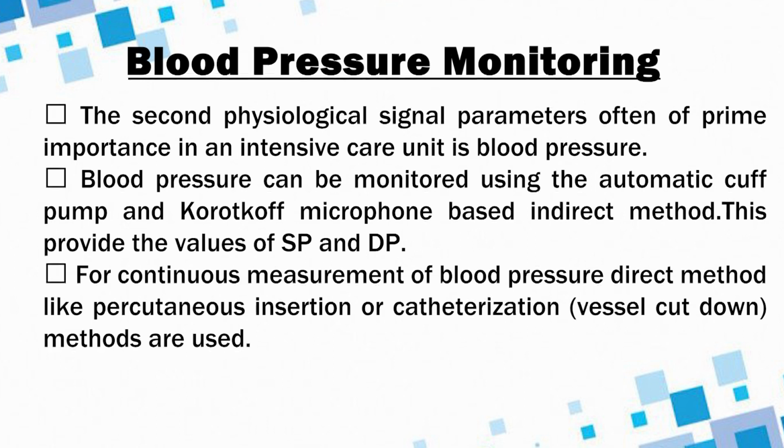Generally, the oscillometric method is used by the manufacturer, where systolic pressure and diastolic pressure values can be monitored by the indirect method. For continuous measurement of blood pressure, direct methods like percutaneous insertion or catheterization, that is vessel cut down methods, are used. This method is seldom used and is used only when a special case arises.